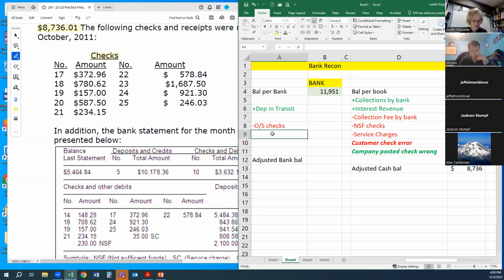Outstanding checks, number 20, number 23. They are going to be subtracted from the bank balance. And check number 20 is 587.50. And check number 23 is 1687.50.